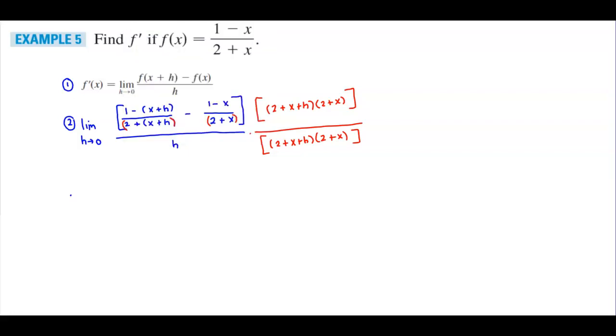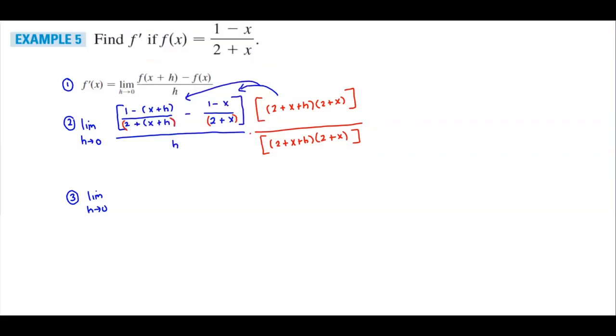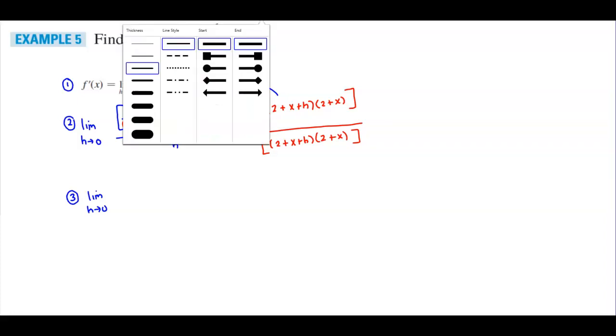Okay, so let's see what happens once we multiply that. When we distribute it to both of these terms, we can see that it's going to eliminate this denominator, and what's left is the numerator.